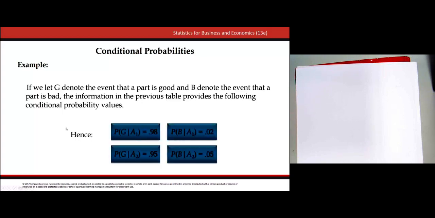G denotes the event that the part is good, B denotes the event that the part is bad. These are the conditional probabilities.